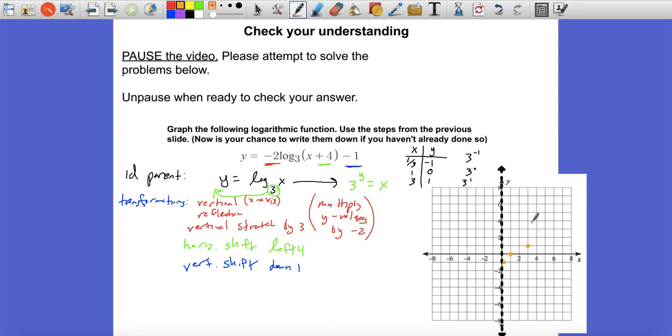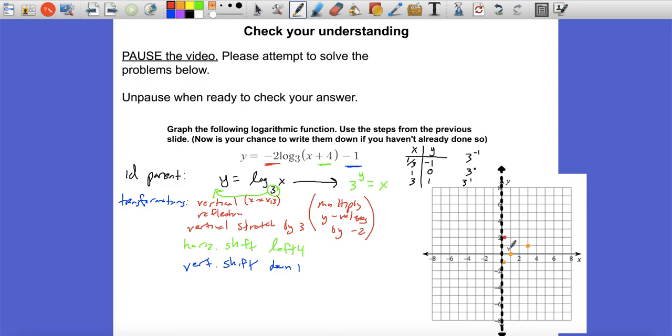But we're not graphing the parent, we're graphing our transformed function. So let's go ahead and start applying our transformations, which is our final step, making sure we end with our vertical shift. So we start by applying our vertical reflection and vertical stretch by multiplying our y values by -2. So the y value here is -1, so we multiply by -2, it goes up here to 2.